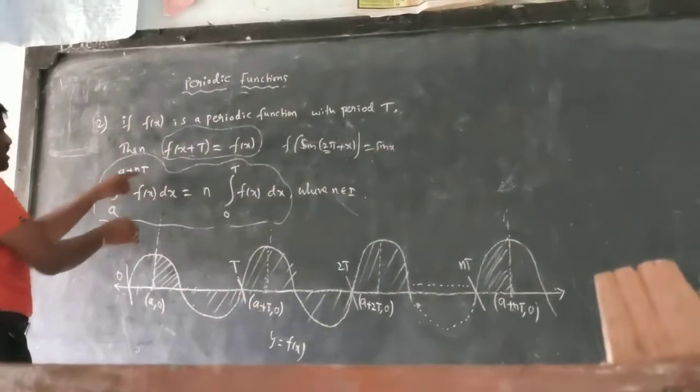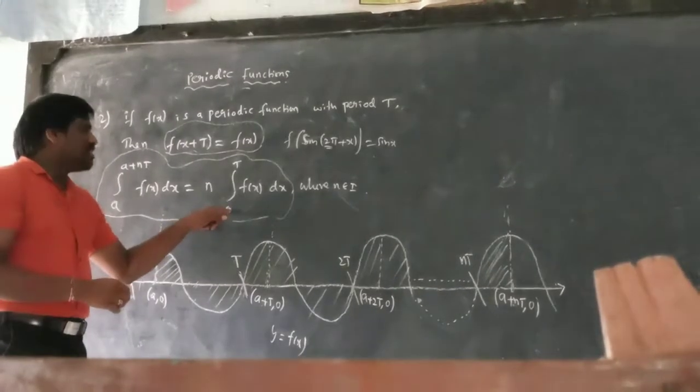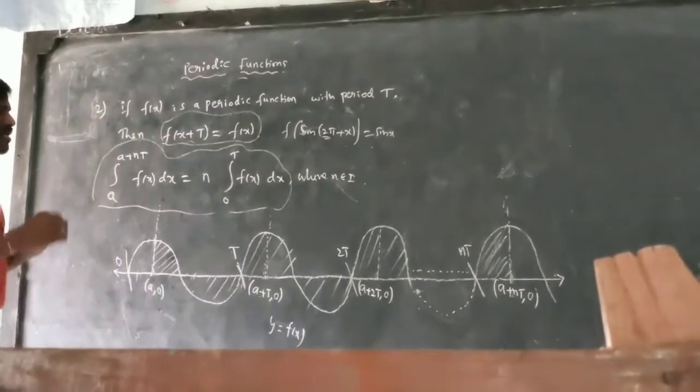That is what the left side says, but what does the right side say? 0 to T. What is the meaning of this?